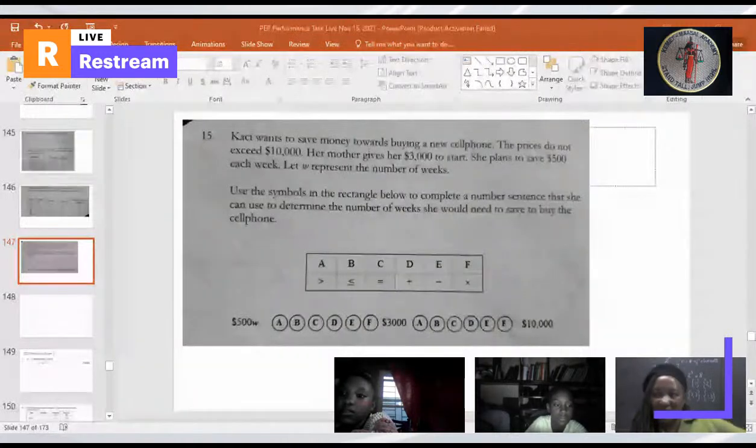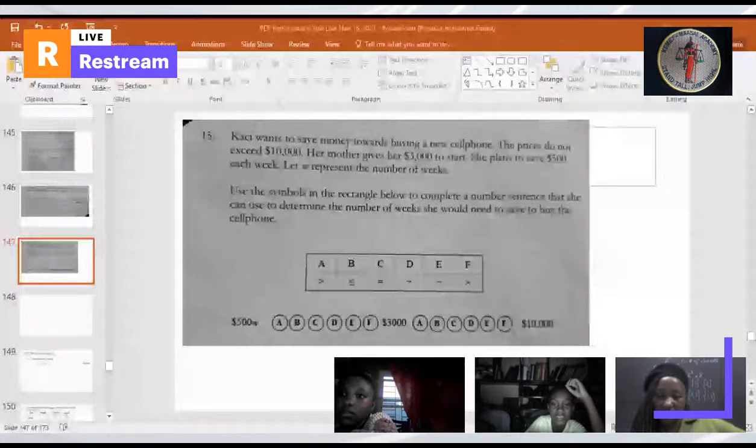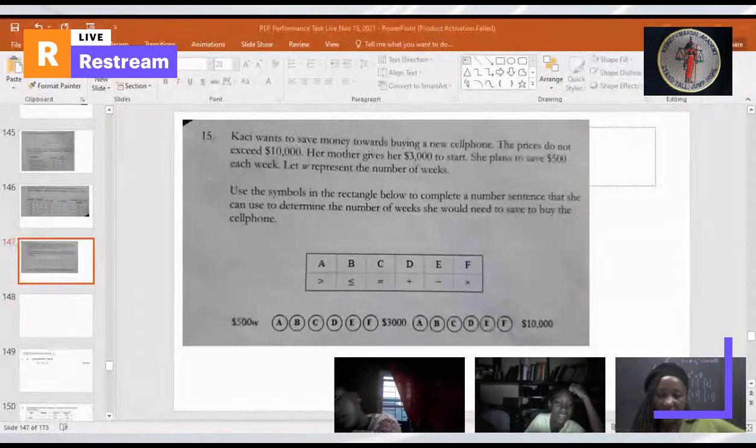Does that make sense? No, Miss, that doesn't make sense. What it's saying is $500 times the number of weeks she's going to save it for. Remember, the $3,000 is what she's starting with.